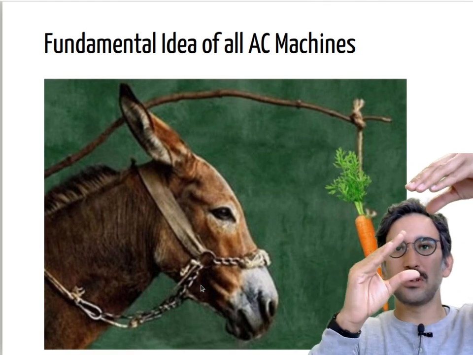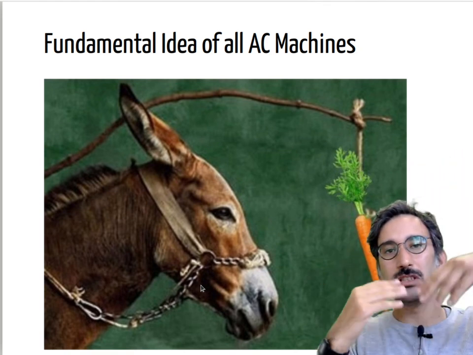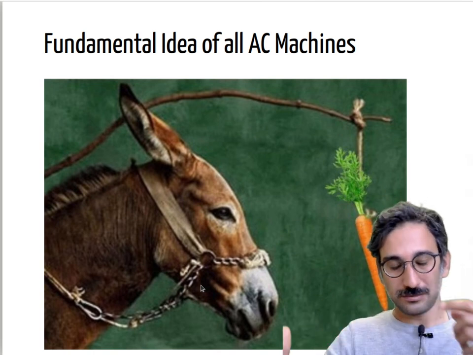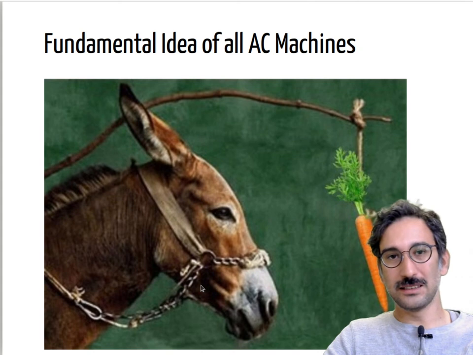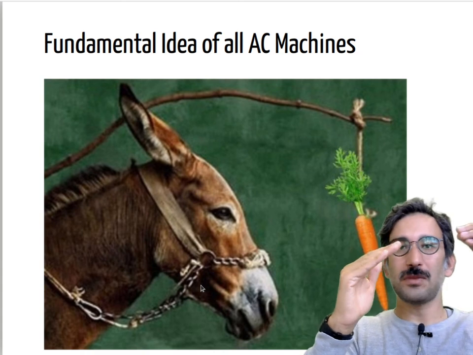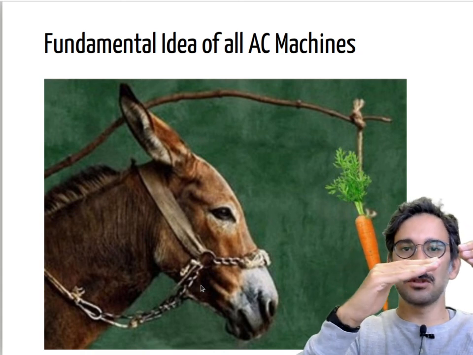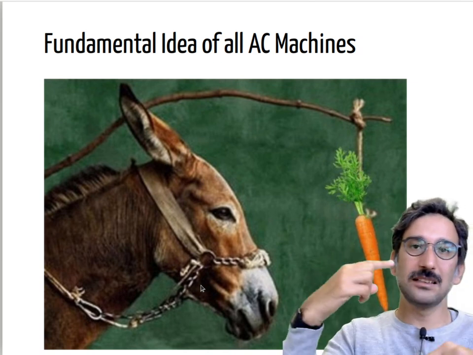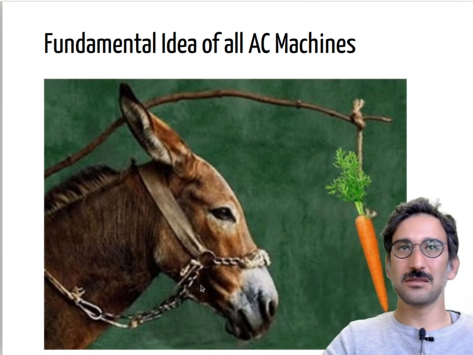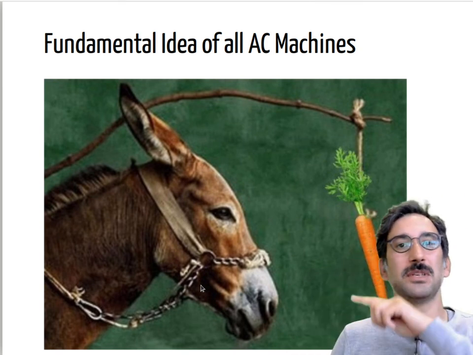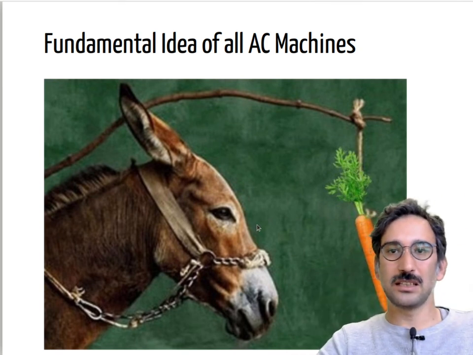It just tries to come to the minimum energy position, minimizing the reluctance or maximizing the mutual inductance, as we discussed in the previous week. But once it comes closer, the MMF has already moved. So that is the idea that, for example, in synchronous machines, the rotor is rotating exactly at the same speed as the rotating MMF.